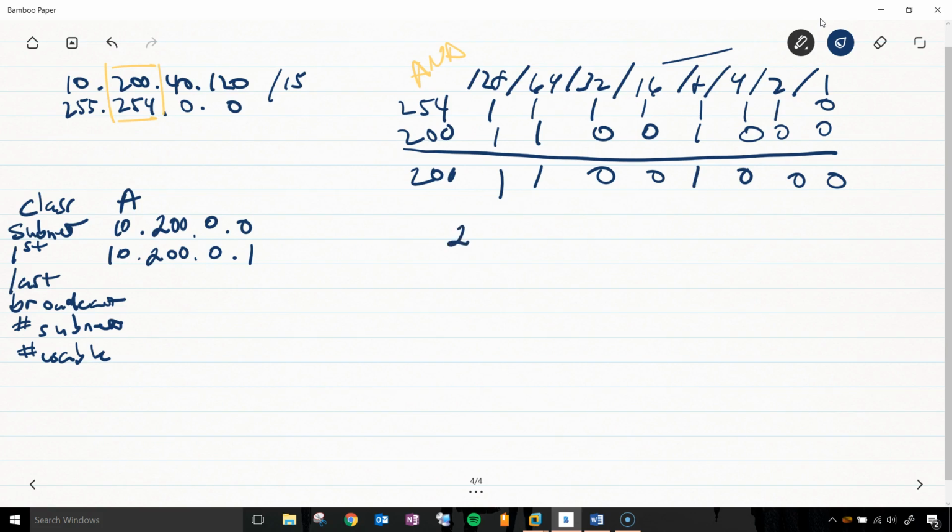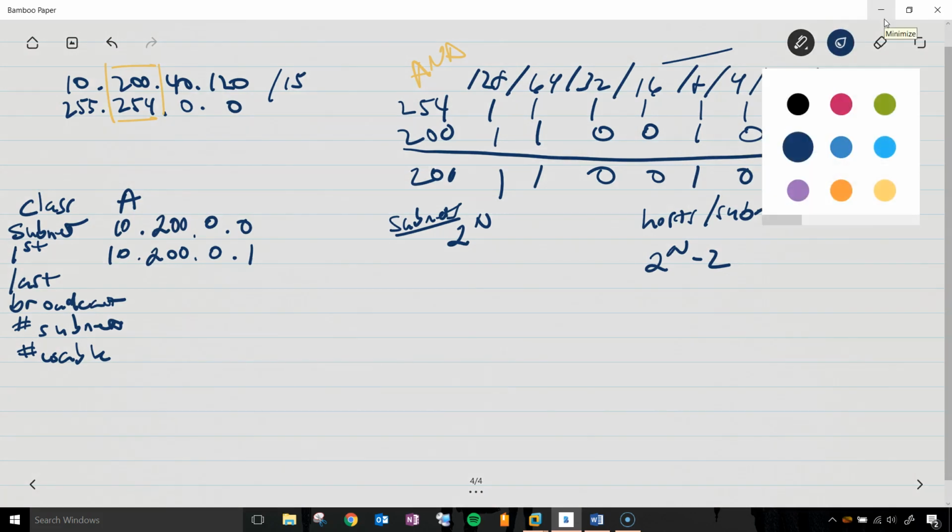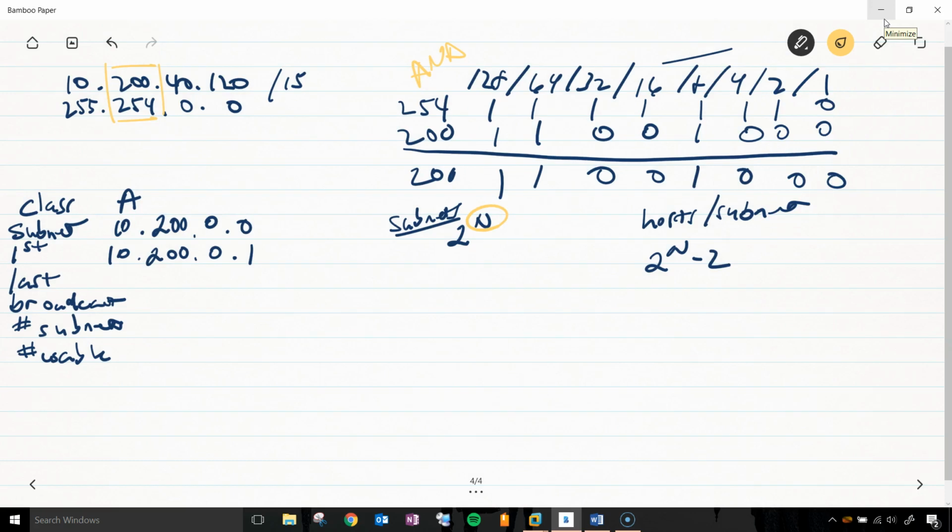Okay, so we want to do 2 to the power of n to figure out the number of subnets, and for the hosts per subnet, it's still 2 to the power of n minus 2, where n is the number of host bits. First, for the subnets, once again we need to know what the default mask is for class A, and that's 255.0.0.0.